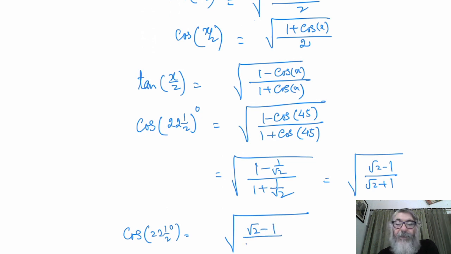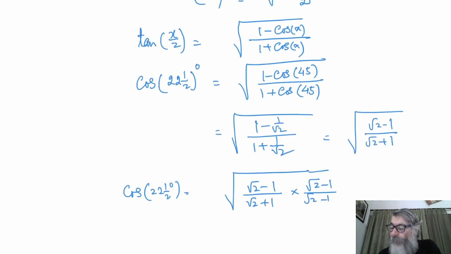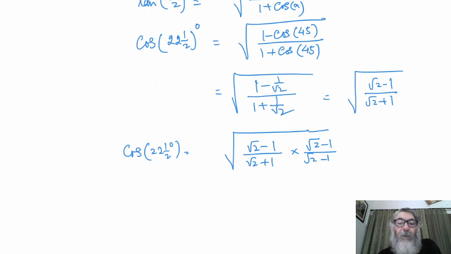We can simplify it further. How? If I multiply numerator and denominator by root 2 minus 1, what is the advantage? You will just realize that; I'll solve it for you. When I multiply the denominator as well as the numerator by root 2 minus 1, in the numerator I will get root 2 minus 1 whole square, because it is root 2 minus 1 into root 2 minus 1.